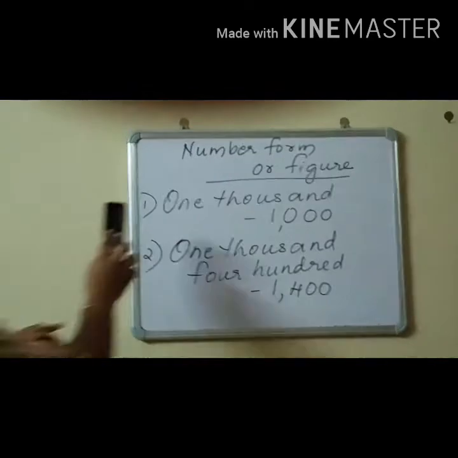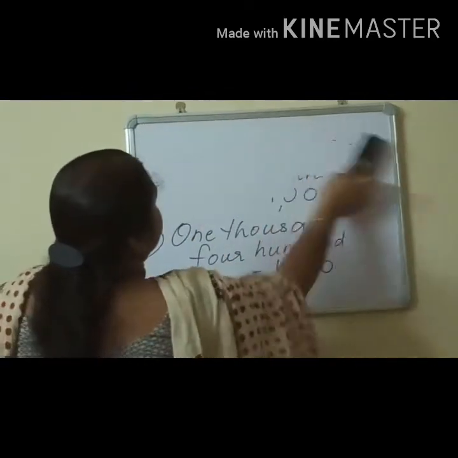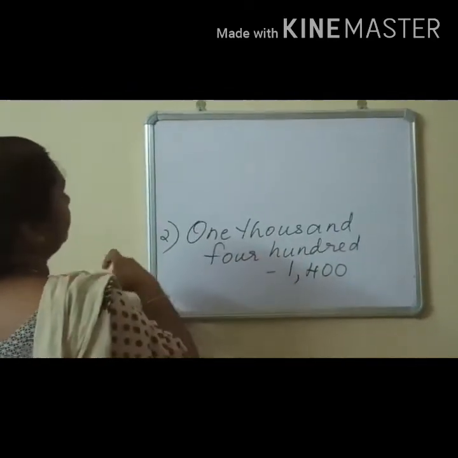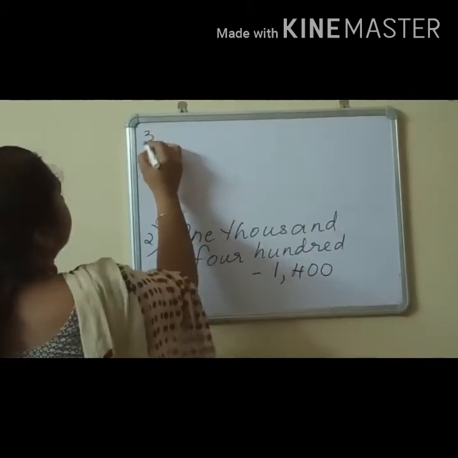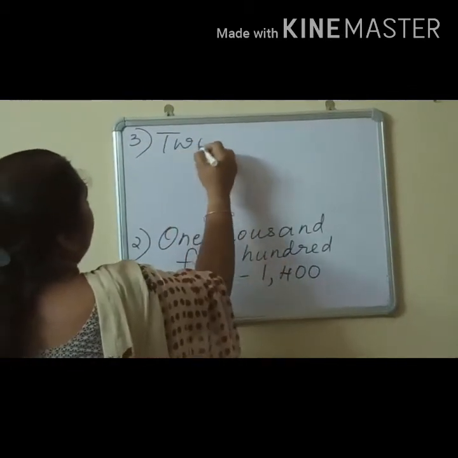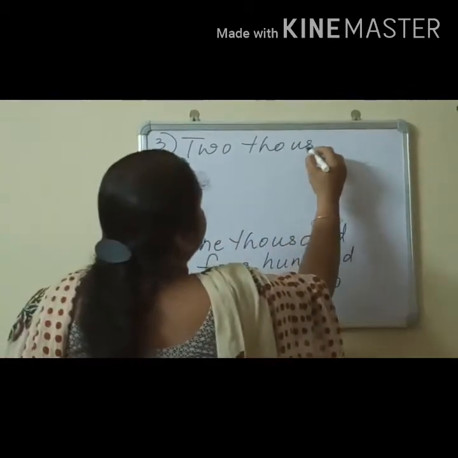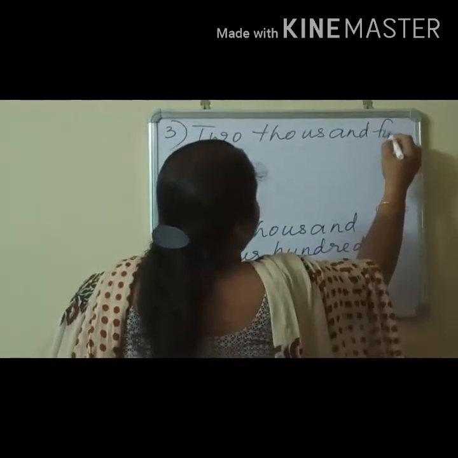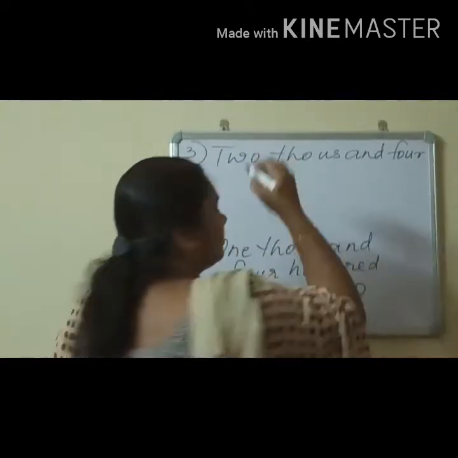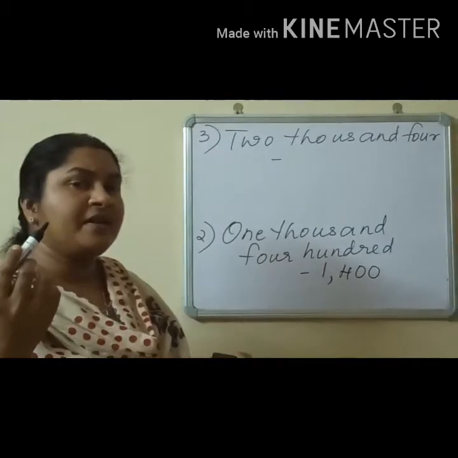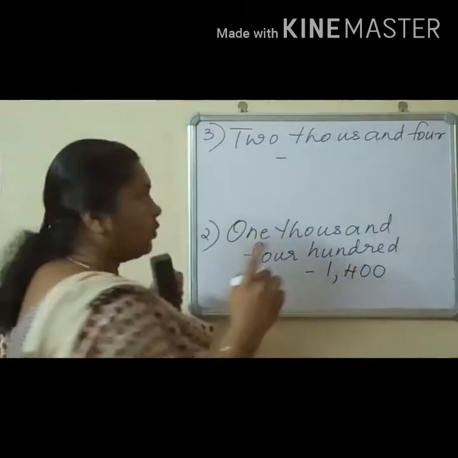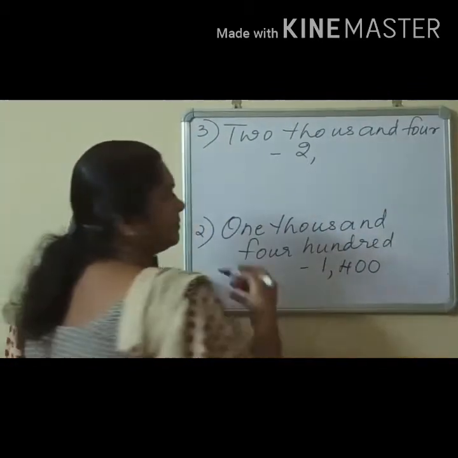Now the third one. 2004. How many thousands are here? 2. So 2000.